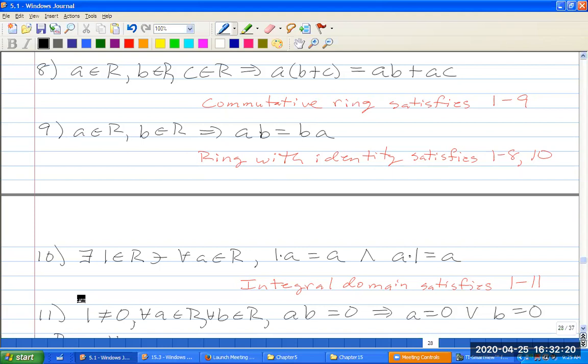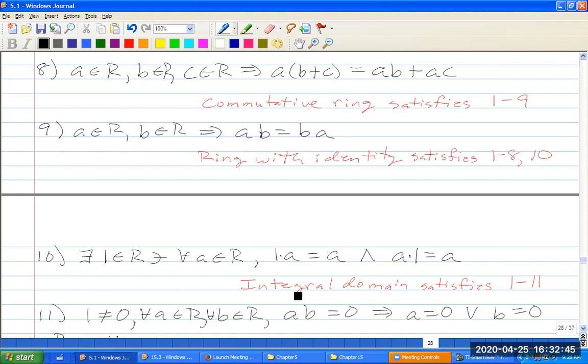First, assume that 1 is not equal to 0. So suppose that the multiplicative identity and the additive identity are not the same. If they are the same, then unfortunately, you'll just get a ring with one element. So basically I'm saying suppose that I have a ring that has more than one element in it.